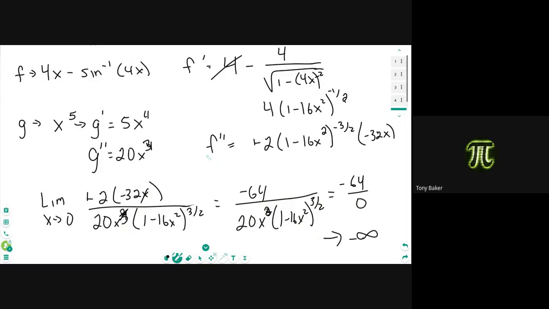There it is. I want one that's not an arc sine, maybe. Yeah, we can do this one.